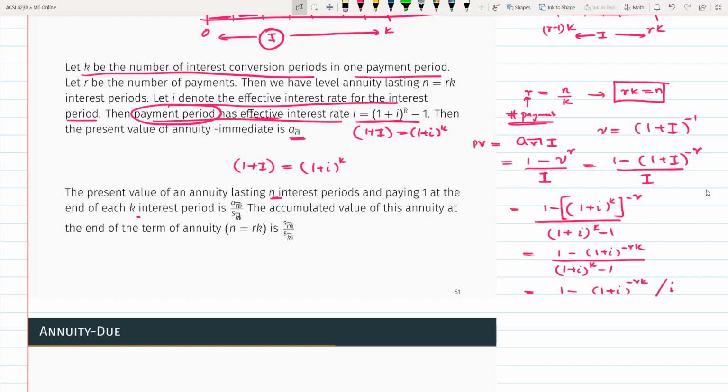The top one then becomes what? That becomes a_{n|i}, if you look at the formula. Why n? Because rk is n. Remember in here we say rk is n. And then the bottom one becomes the future value, s_{k|i}. So that's how you get this first formula.